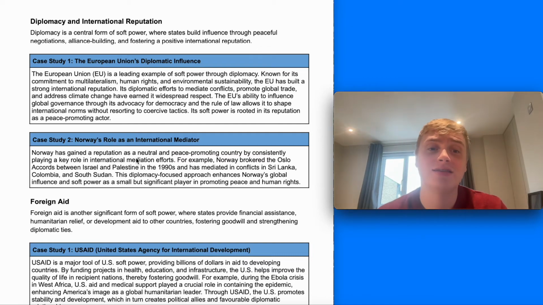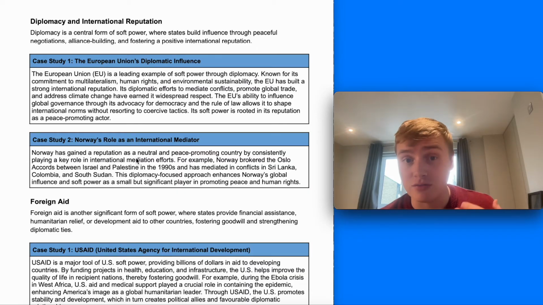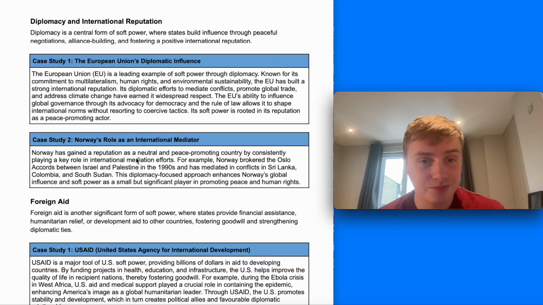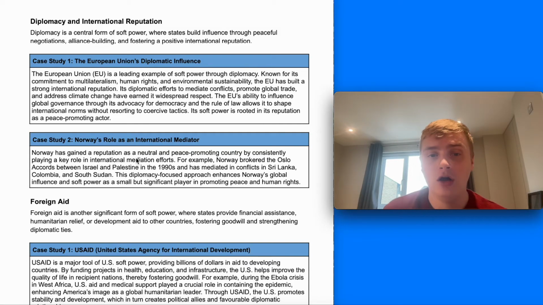Its diplomatic efforts to mediate conflicts, promote global trade, and address climate change have earned it respect as a result. And this has enabled its greater influence in global governance and shaping international norms without having to resort to hard power tactics.